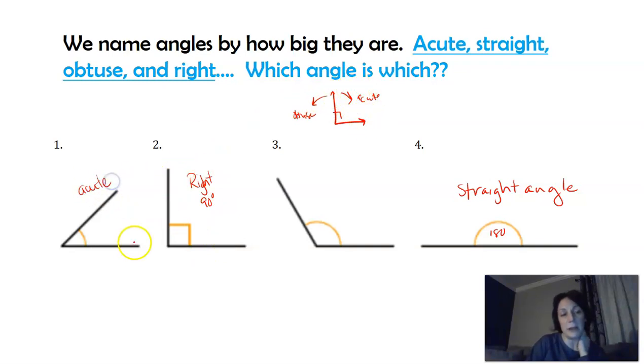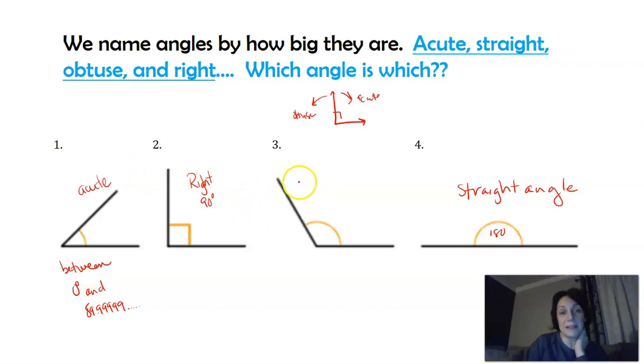So if you really want to think about the measurements, acute would be somewhere between 0 degrees, which isn't even an angle, and not quite 90, right? 89.9999999 forever degrees. As soon as it hits 90, it's not acute anymore. It's a right angle. If you're sticking with whole numbers, somewhere between 0 and 89. If it gets to 90, it's a right angle.